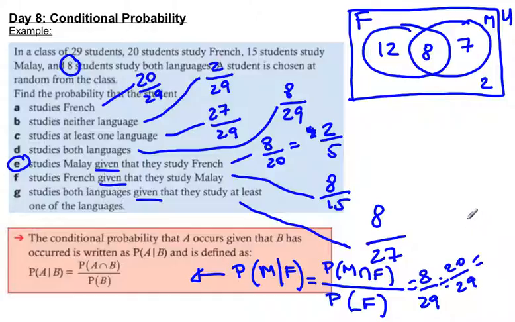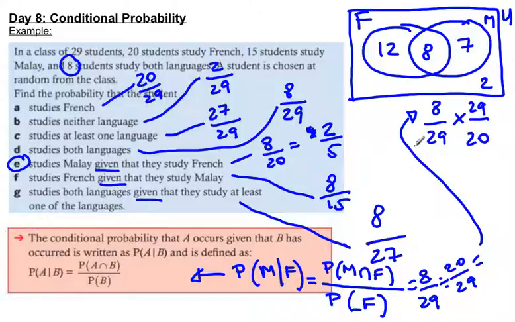And then if we do this division, we've got 8 out of 29. We're going to multiply by the reciprocal because we've got a fraction, so times 29 over 20. The 29s cancel out and I'm left with 8 over 20, which was the same answer as before, 2 out of 5.